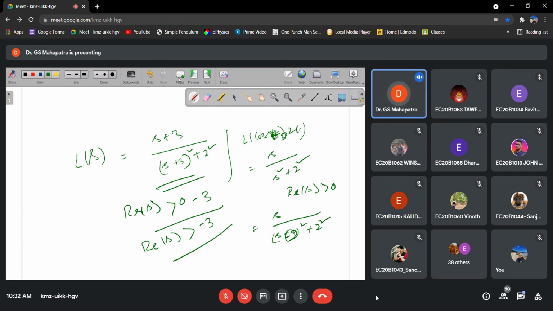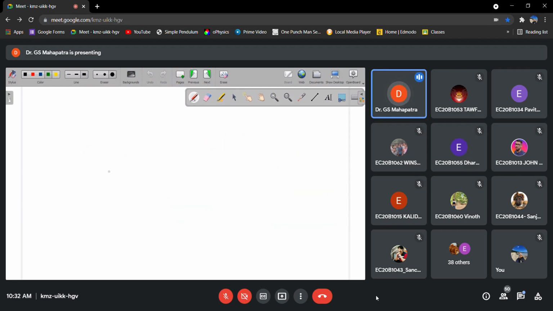So now I will give you some examples later on. Just the next property, the third property. The third property is the derivative of transform property, that means derivative properties. What is that called?